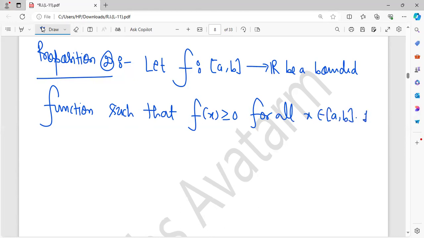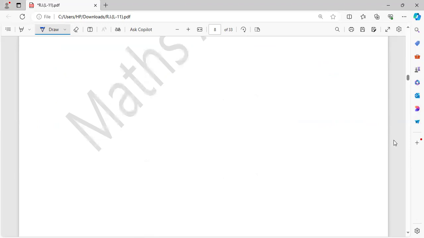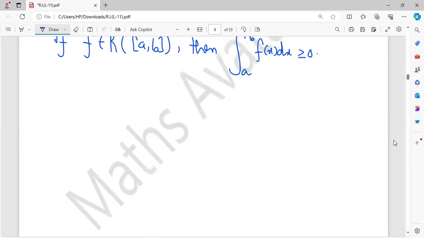Okay. If f belongs to R[a, b], it means f is Riemann integrable, then the integral from a to b of f(x) dx is greater than or equal to 0. So it is simple. To prove it, it is simple, easy.